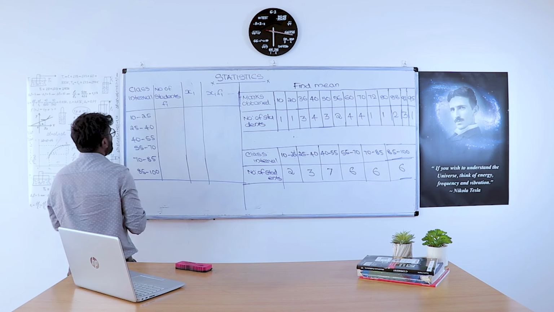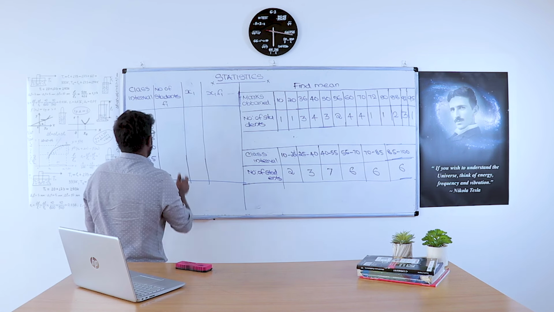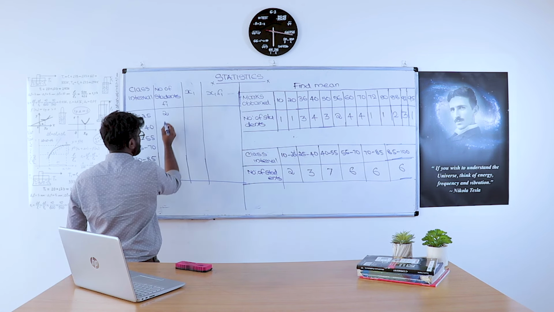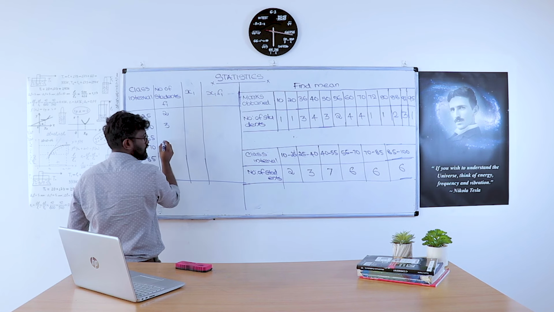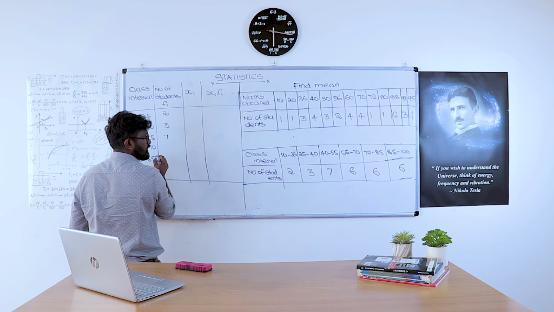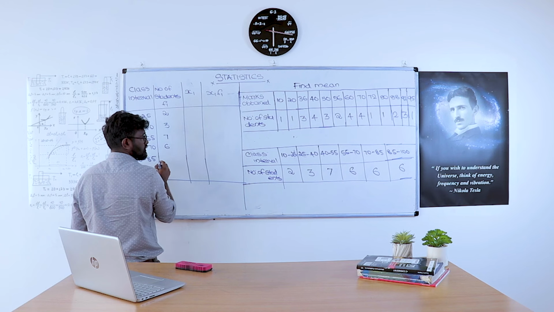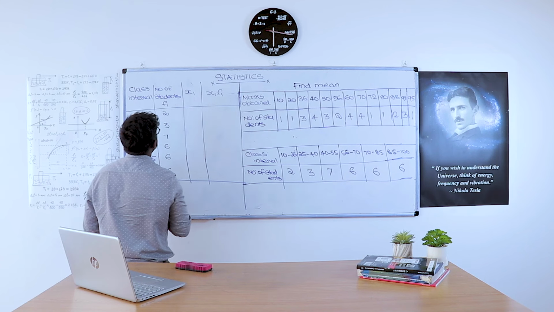Okay. 10 to 25, how many students? 2. 25 to 40, 3. 40 to 55, 7. 55 to 70, 6. 70 to 85, 6. 85 to 100, 6.